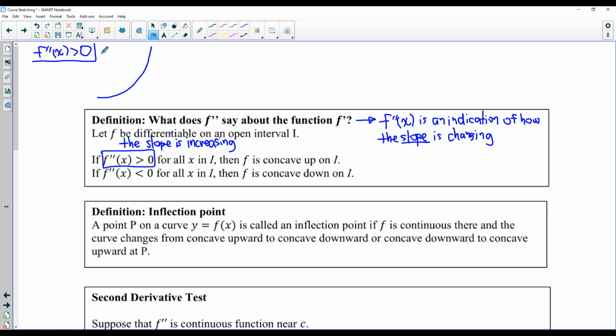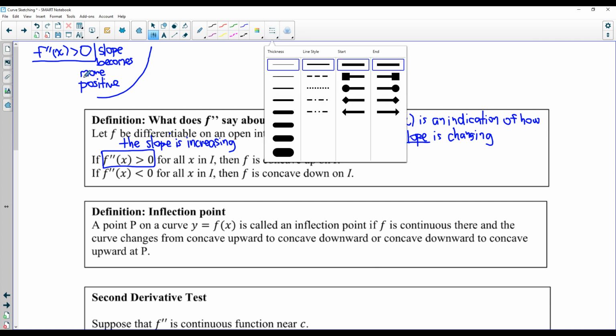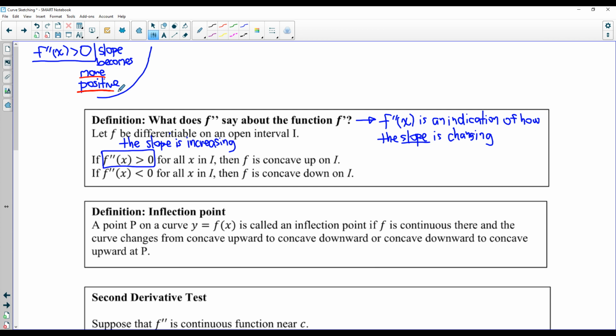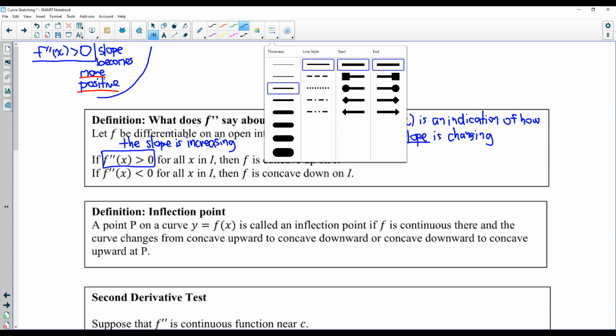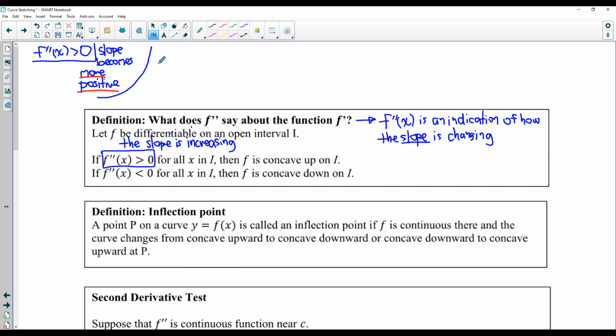So what's happening right here is the slope is becoming more positive. That's one way where you can have the slope increase.